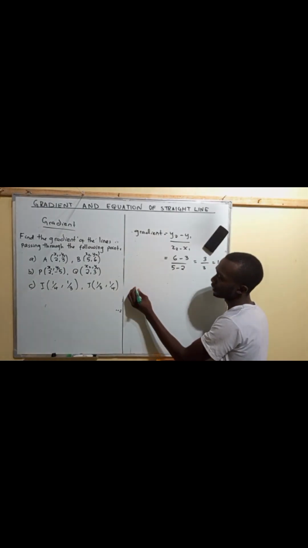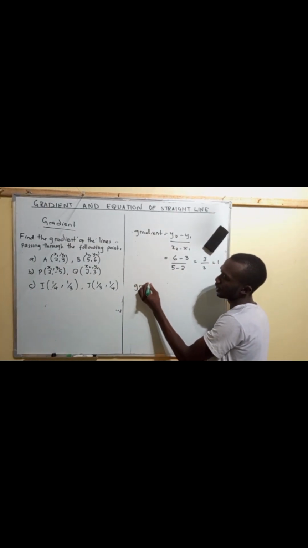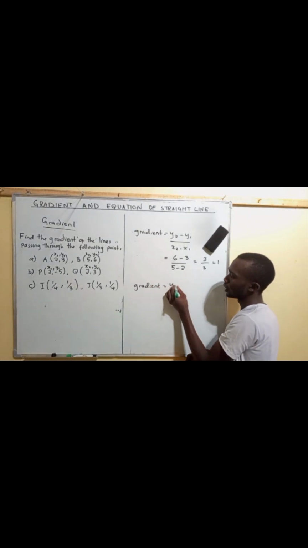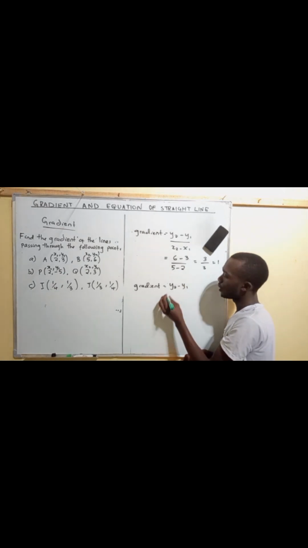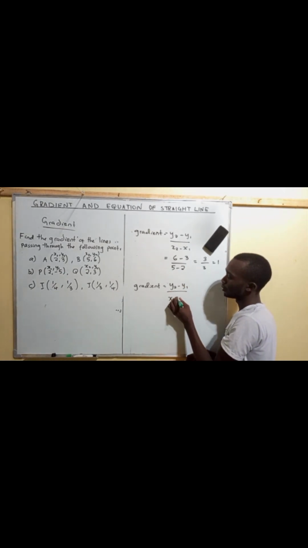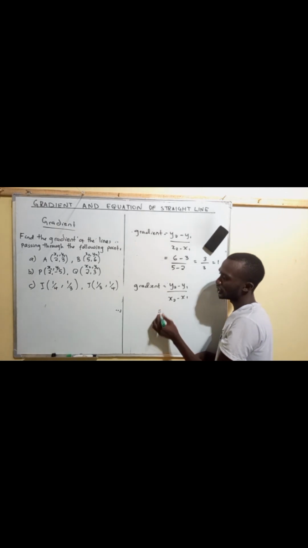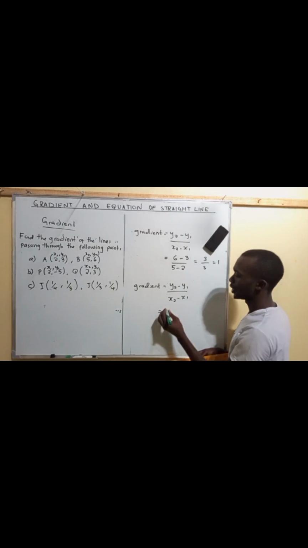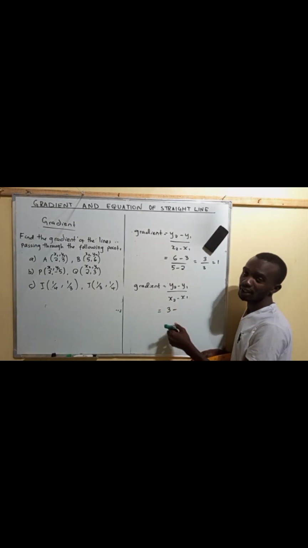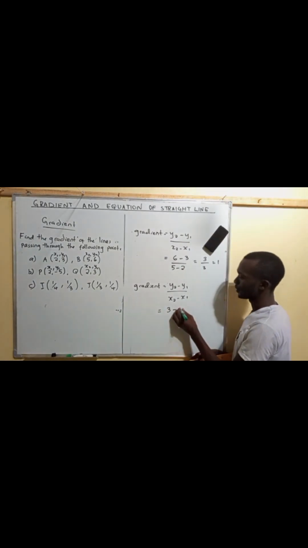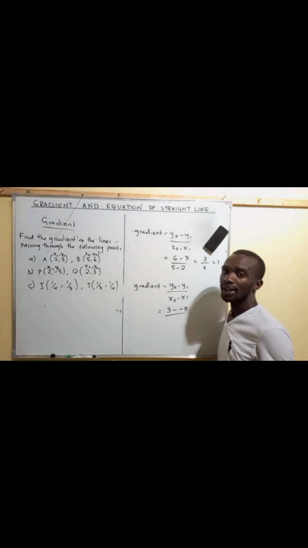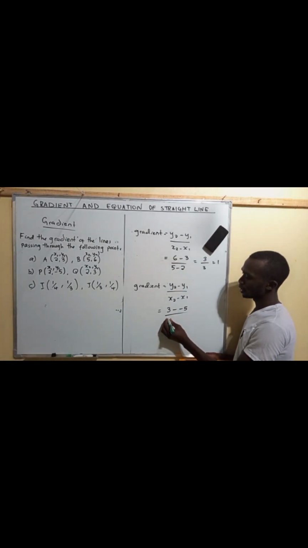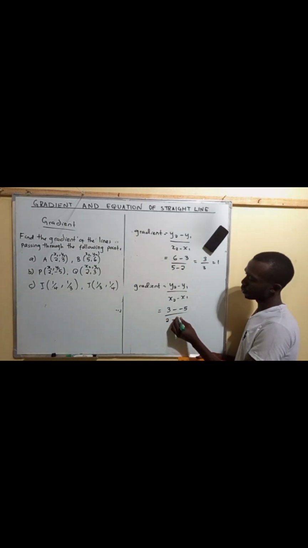So the gradient again is equivalent to y2 minus y1 over x2 minus x1. This is equal to y2, which is 3, minus y1, which is -5, over x2, which is 2, minus x1, 2.